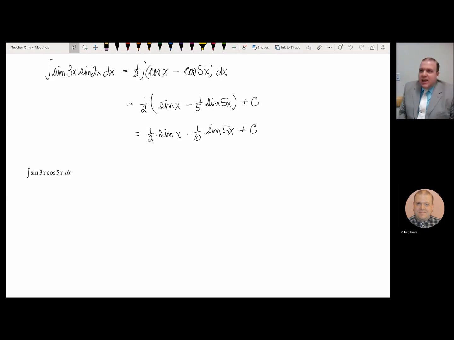Right? What's the derivative of sine of 3x? It'd be 3 cosine of 3x, right? There is no cosine of 3x. Derivative of cosine of 5x would be negative 5 sine of 5x. There is no sine of 5x. U-sub does not work. We have to use this product to sum identity.